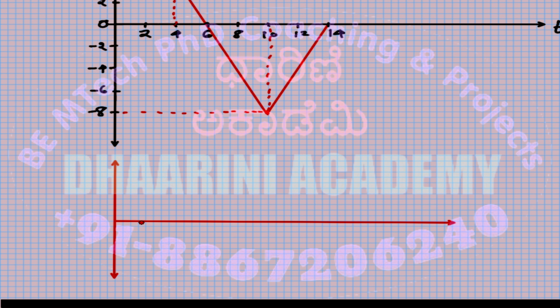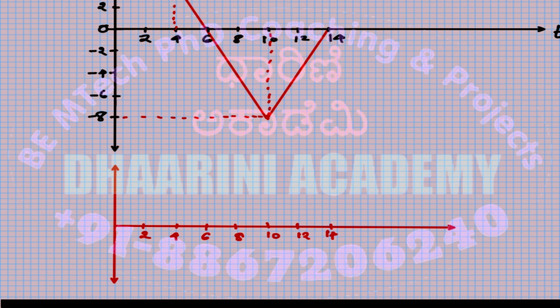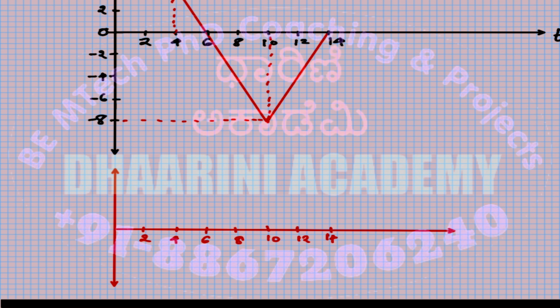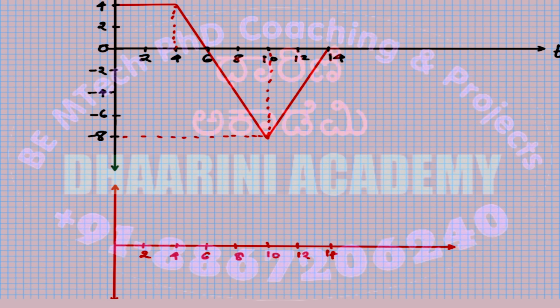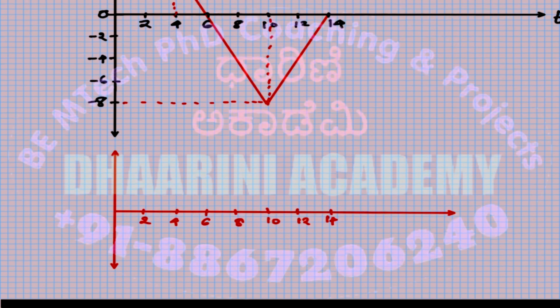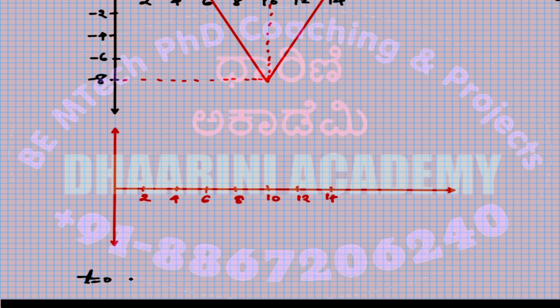Okay, let's plot the similar time. Between 0 to 4 seconds, right? Let's write, this is between t equal to 0 till t equal to 4. The velocity v is equal to dx by dt.